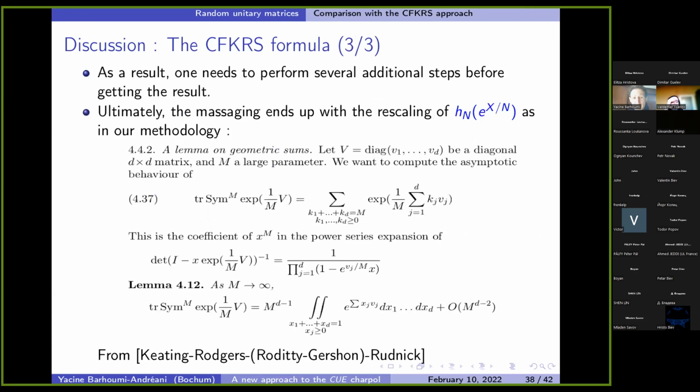And at the end, they still end up rescaling this h_n function, like I did, but it's hidden in their computation. So they have a bunch of terms like this. They call it a lemma on geometric sums. And in fact, this thing is the rescaling of h_n. So this is what I write with the sine kernel, a la Dyson. So here, hidden in this term, you have the sinc function of Dyson.